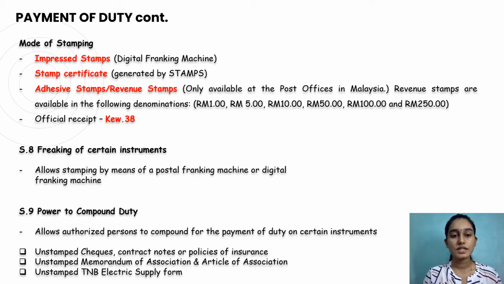And finally, Section 9 allows authorized persons to compound for the payment of duty on certain instruments. So the collector may authorize any banker, dealer or issuer to compound for the payment of duty on unstamped checks, contract notes or policies of insurance, while the Registrar of Companies can compound for the payment of duty on unstamped Memorandum of Association and Articles of Association.